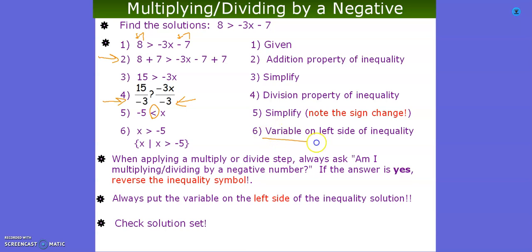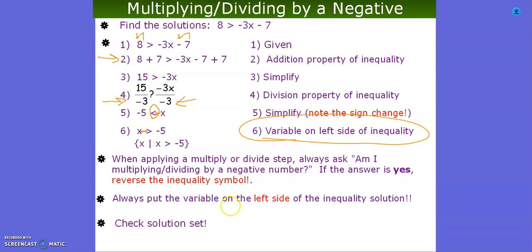Most of the time, you will see the variable written on the left side of the inequality symbol, and this is very helpful for graphing. So at this point, we're going to just rewrite the whole statement backwards. See how the open part of my symbol is towards the x? When I rewrite it, that open part of the symbol has to be towards the x. So I've got x is greater than negative 5.